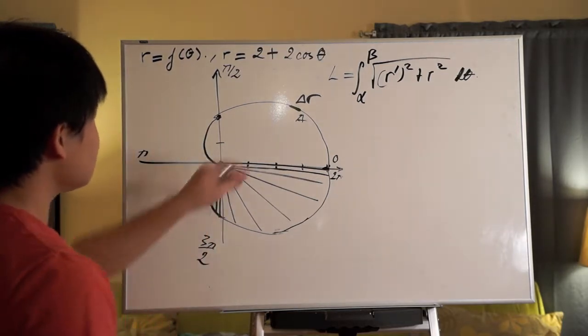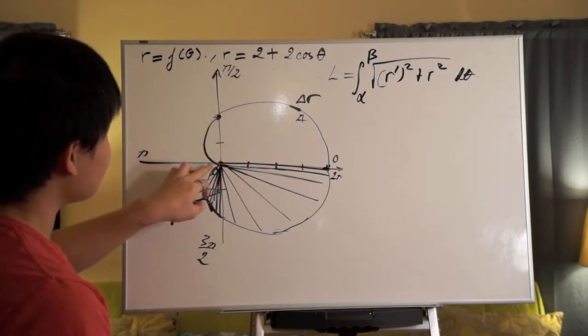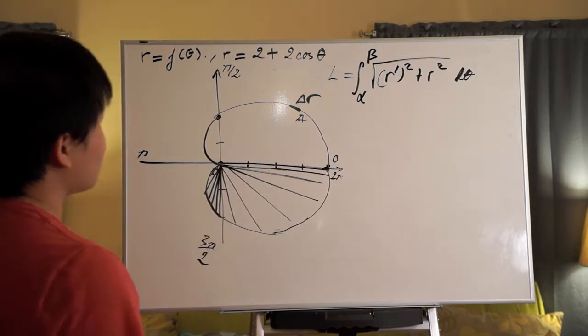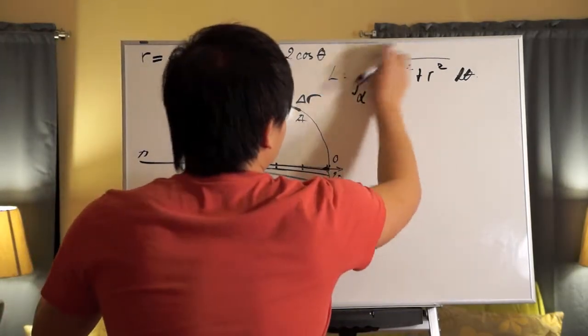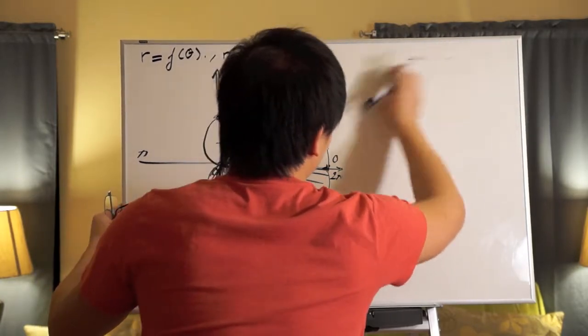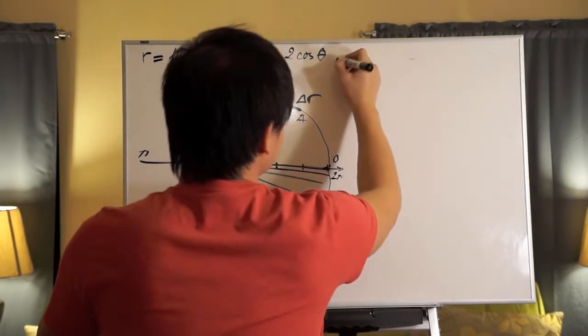Well, how do we use that equation and plug it in so we can find the length of this curve going from 0 to 2 pi? First we know it has something to do with r prime and r squared. So let's find r prime.